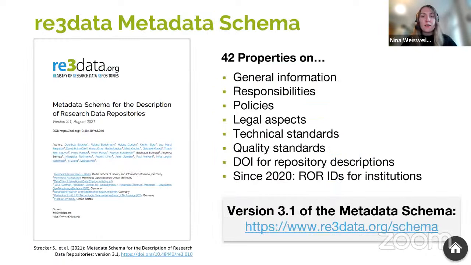re3data uses a very comprehensive and detailed metadata schema that has been improved over the years in a community-driven process. We always have a request for comments phase if we introduce a new version of our schema. All the data in re3data is CC0 licensed. That means it's openly usable for everyone and it doesn't have to be referenced.